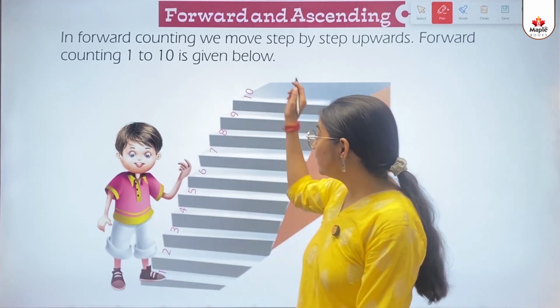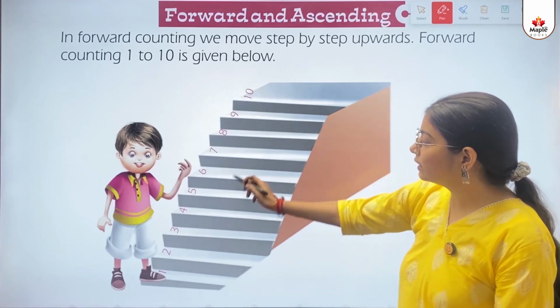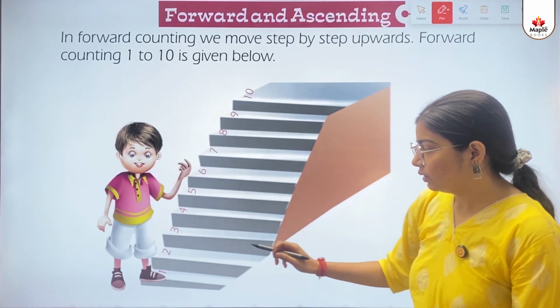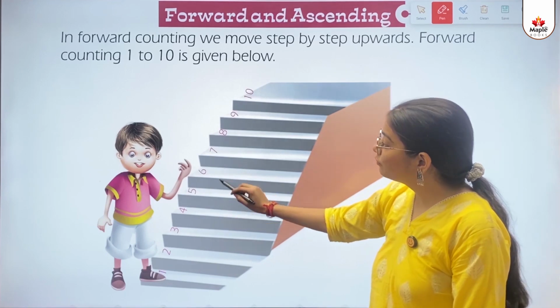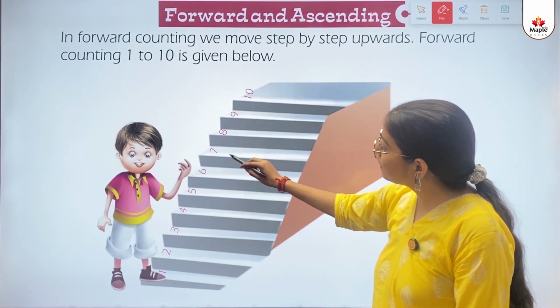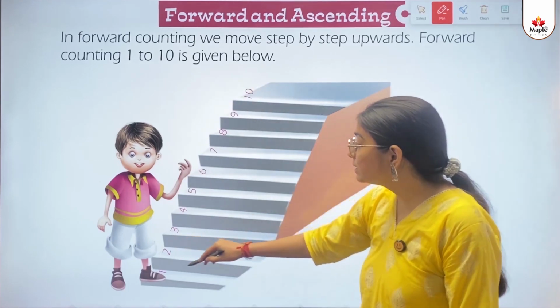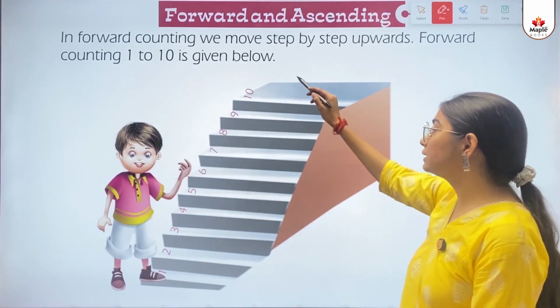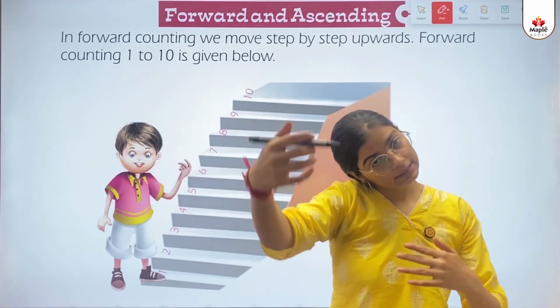As we can see from the figure, there is written here forward counting: 1, 2, 3, 4, 5, 6, 7, 8, 9, 10. So, this is called forward counting as we move step by step.